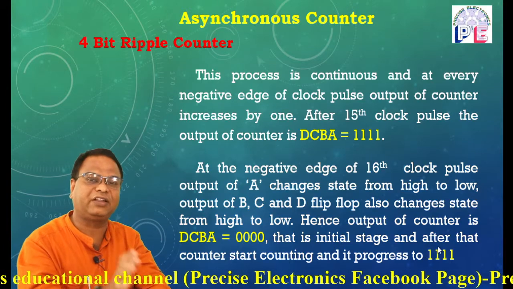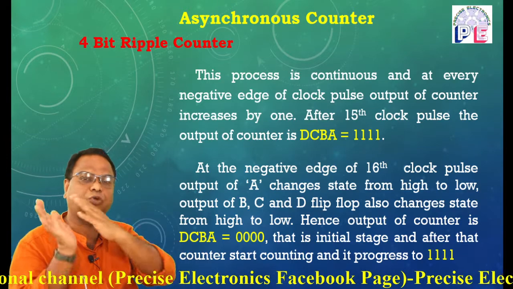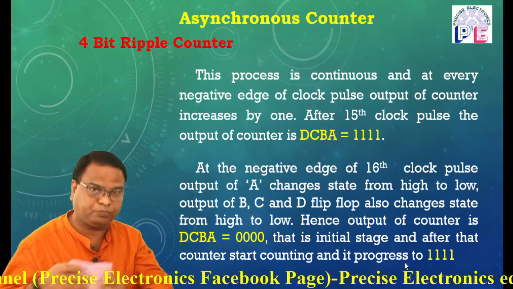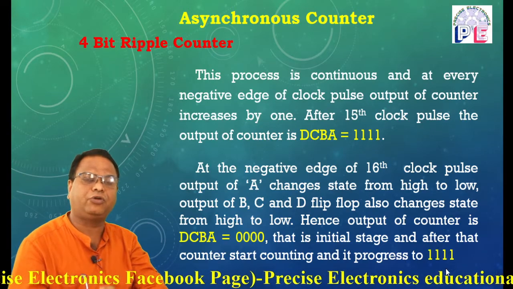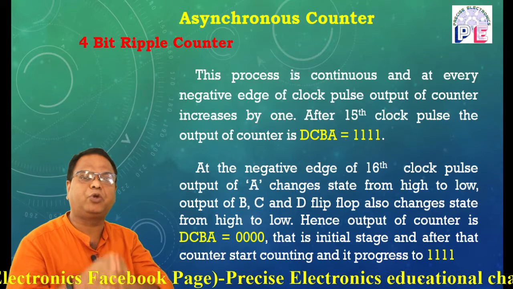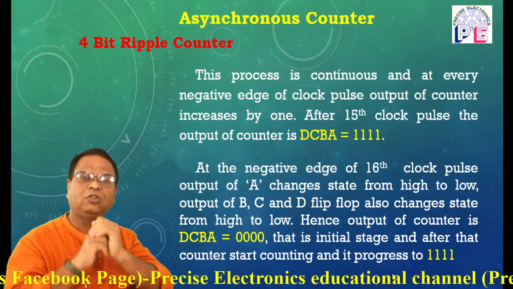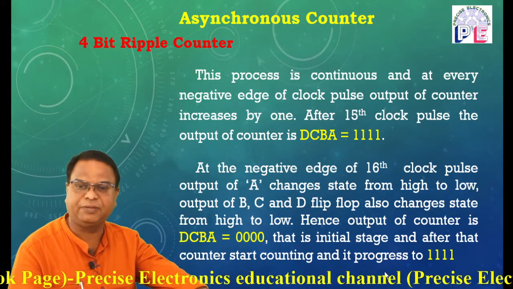So at the end of the 17th clock pulse, the output of counter is 0, 0, 0, 1, and this process continues. So by using this 4-bit ripple counter, this counter is able to count 16 pulses, and after the 16th pulse, the counter gets reset and starts counting from its beginning.